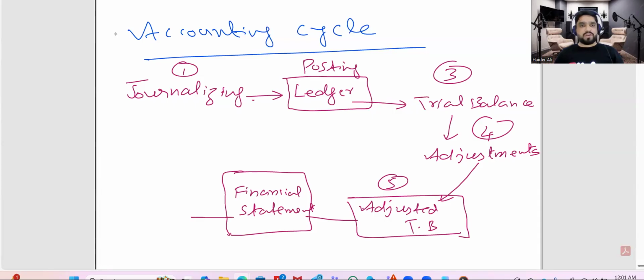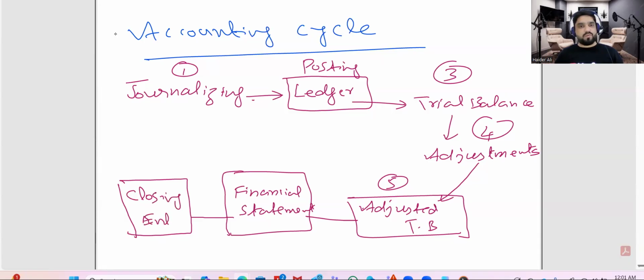After we are done with it, we need to close the temporary accounts. Temporary accounts are the accounts which are time sensitive. Time sensitive means they belong to only one particular time period. They cannot be carried forward to the next period. So we need to prepare the closing entries.